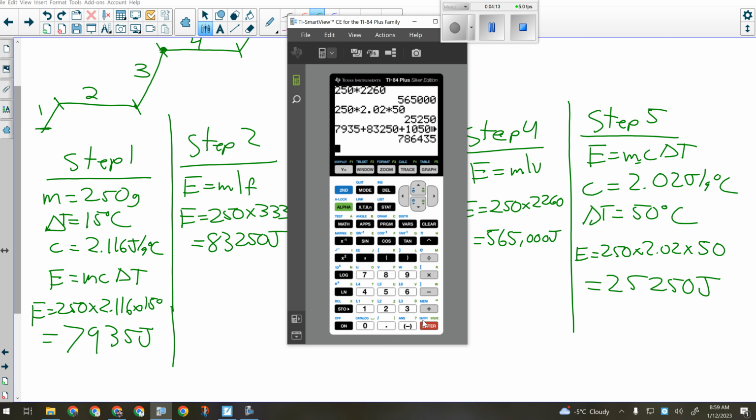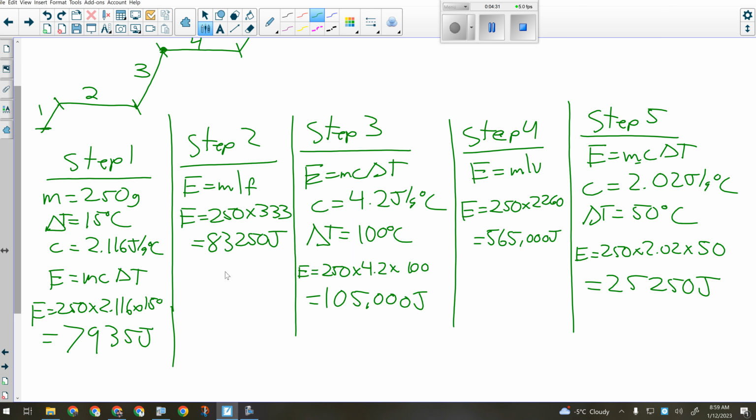So the total amount of energy to take a 250 gram block of ice, so 1 cup of ice, and heat it from ice at minus 15 to steam at 150 is going to take 786,435 joules.